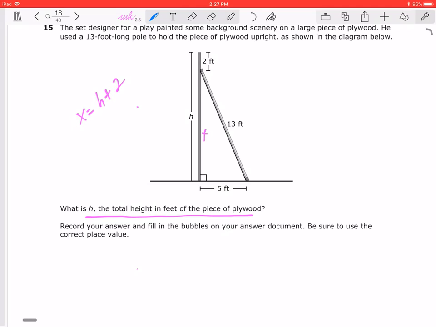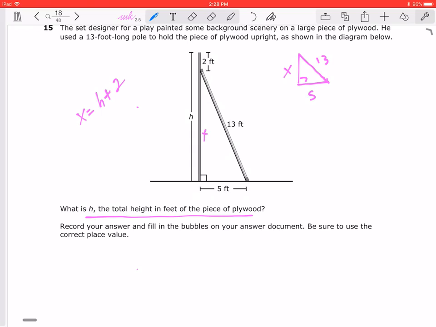This is x, and x is going to be equal to h plus 2. If I were just talking about this triangle without that 2 inches, the entire length of h is our unknown, then 13, and then I have 5.